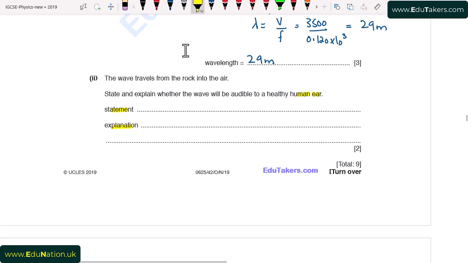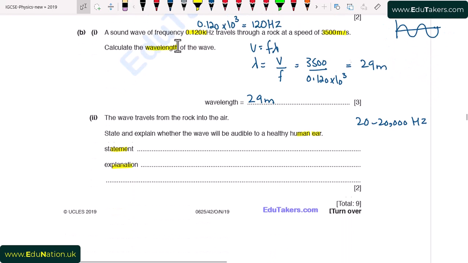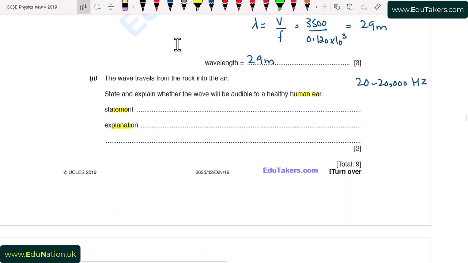So we know that the human ear can hear the sound of frequency 20 to 20,000 Hz. So the frequency that is given here is 120 Hertz. So 120 Hertz lies between 20 to 20,000 Hertz. That's why it is heard by the healthy human ear. So I write here, yes, it is audible.